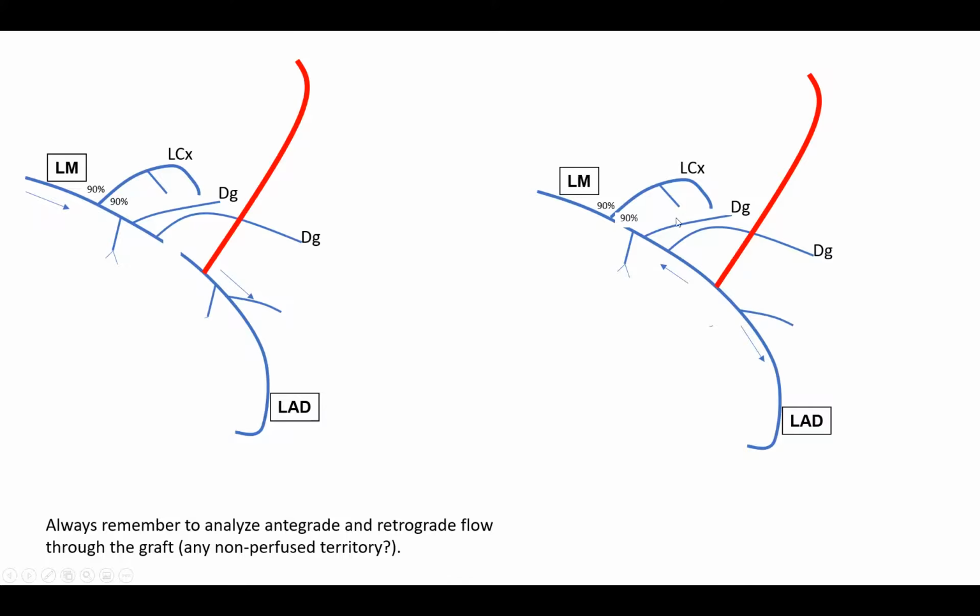So the diagonals are being fed by the LIMA. In that case, you shouldn't fix that 90%. It's useless. The LIMA to LAD is taking care of everything. But in this patient, you may need to fix the 90% because those arteries are not being fed retrogradely via the LIMA.